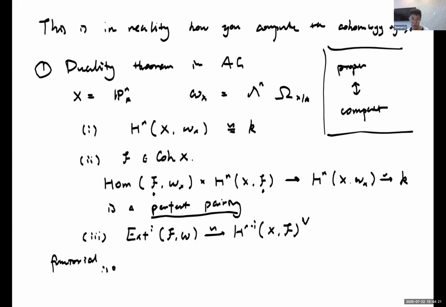This is not true for non-proper. The duality theorem is not true for non-proper schemes or varieties. Similarly, the duality is not true for non-compact manifolds in classical topology. Any questions?